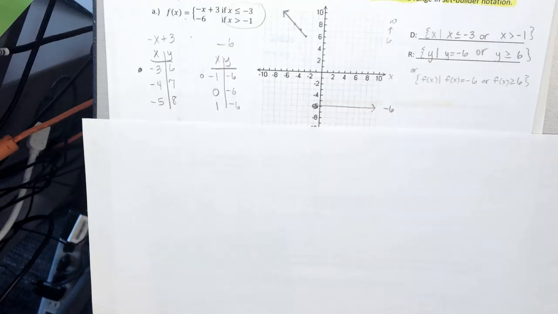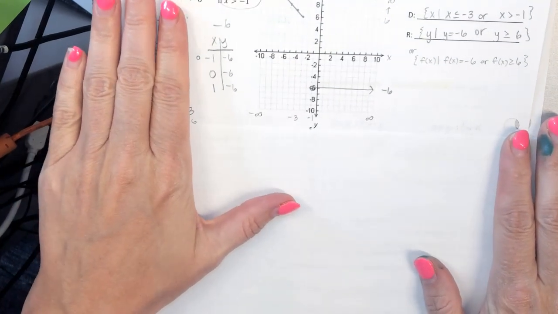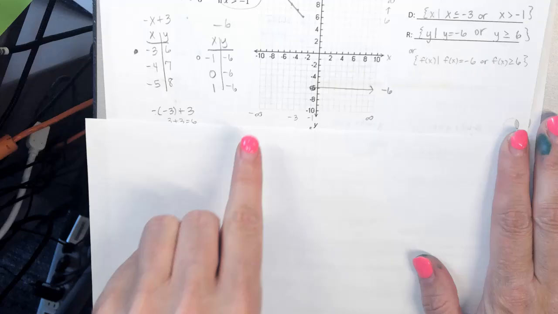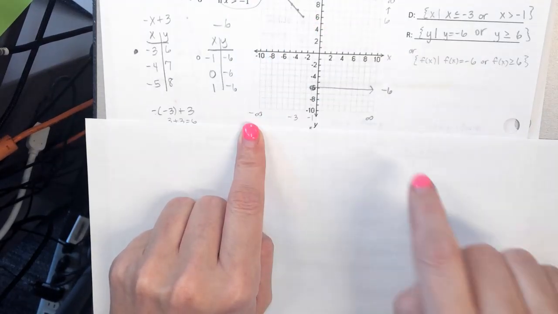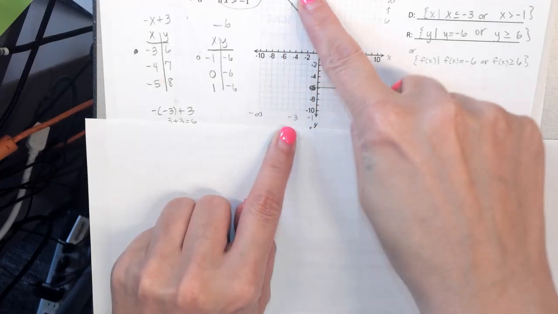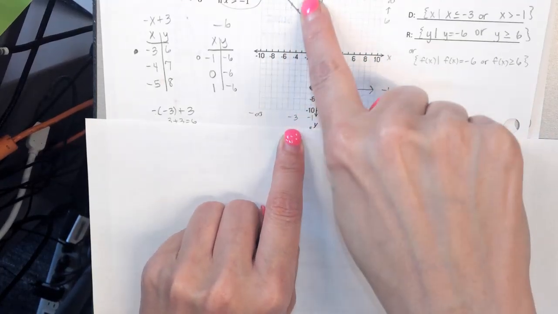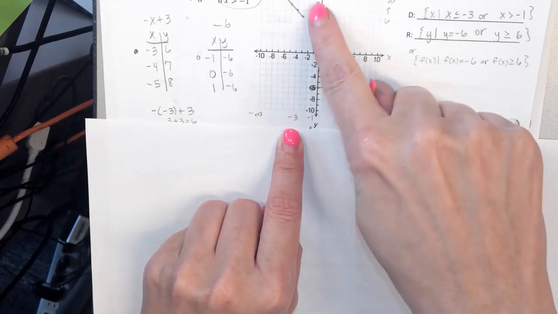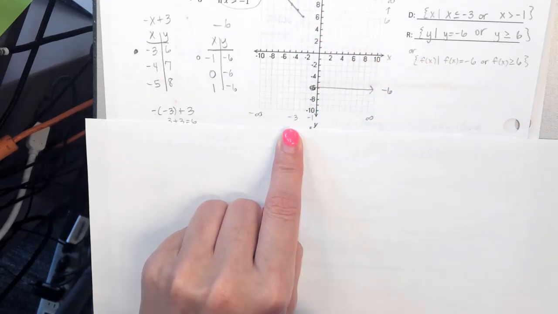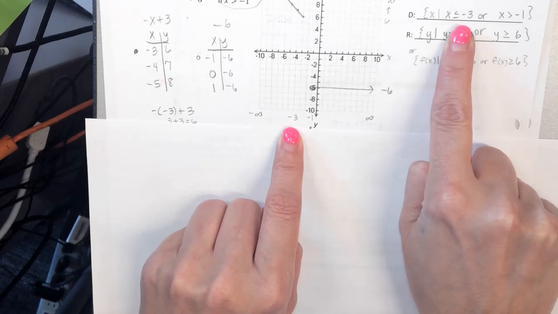Okay? All right, let's talk domain and range, our favorite. So when you are looking at the domain, you are looking from left to right. So if this is going off to -infinity, I'm going to look and see where it goes to on my x, -3. So this segment here is just going to be x is less than or equal to -3.